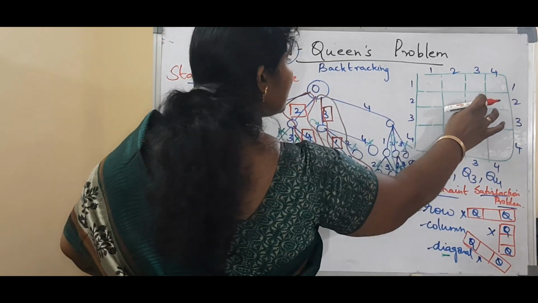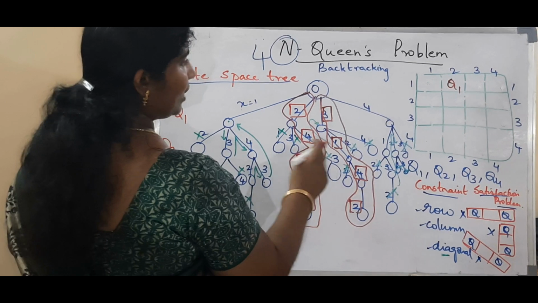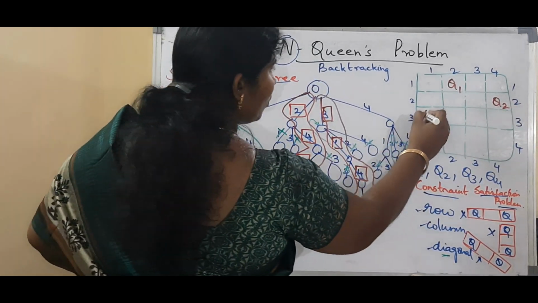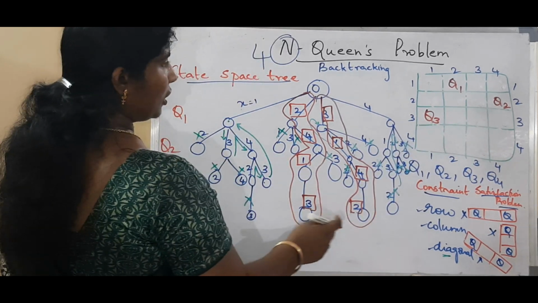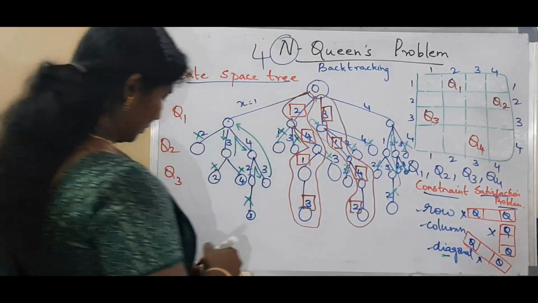Let's quickly place our queens here: in the second position, the next queen in the fourth position, then the third queen in the first position, and the fourth queen in the third position.